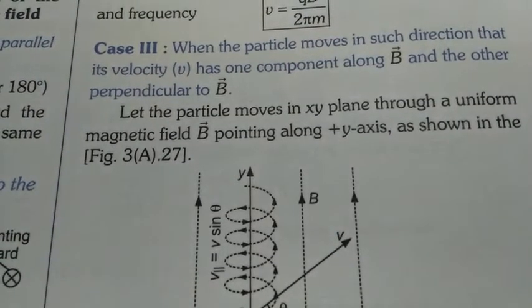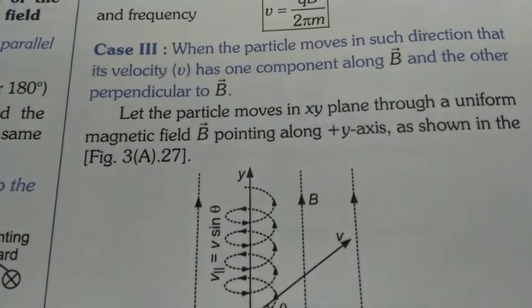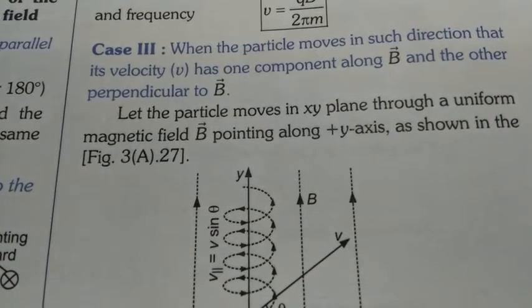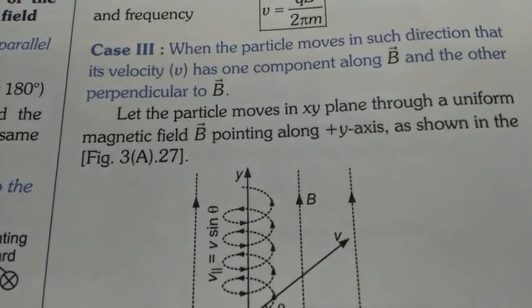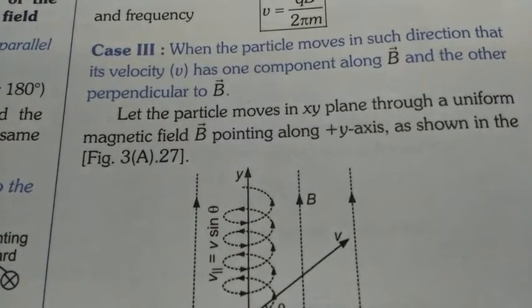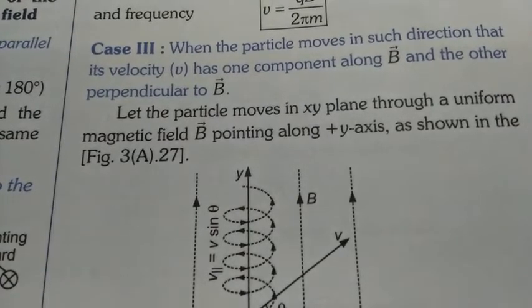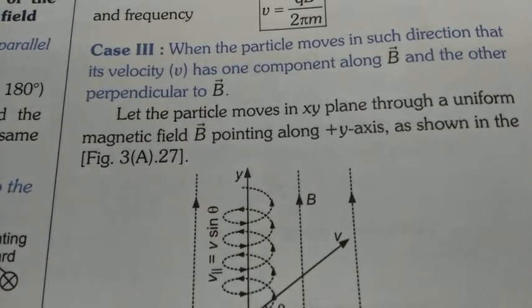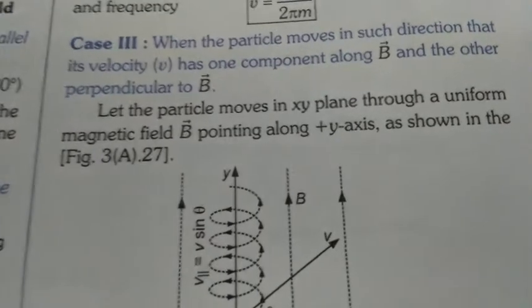So in first case we have taken that the angle between velocity and magnetic field is 0 degree or 180 degree. In second case we have taken theta, that is the angle between V and B, equals 90 degree.